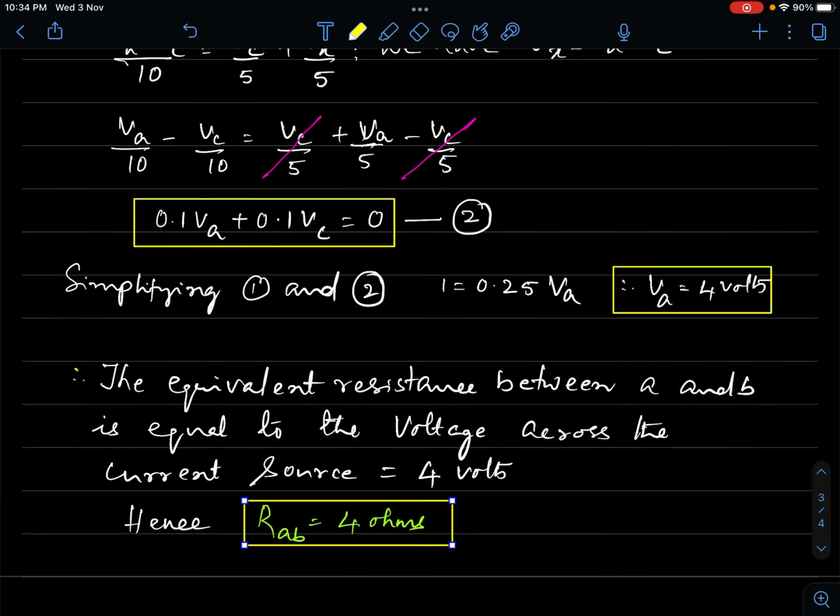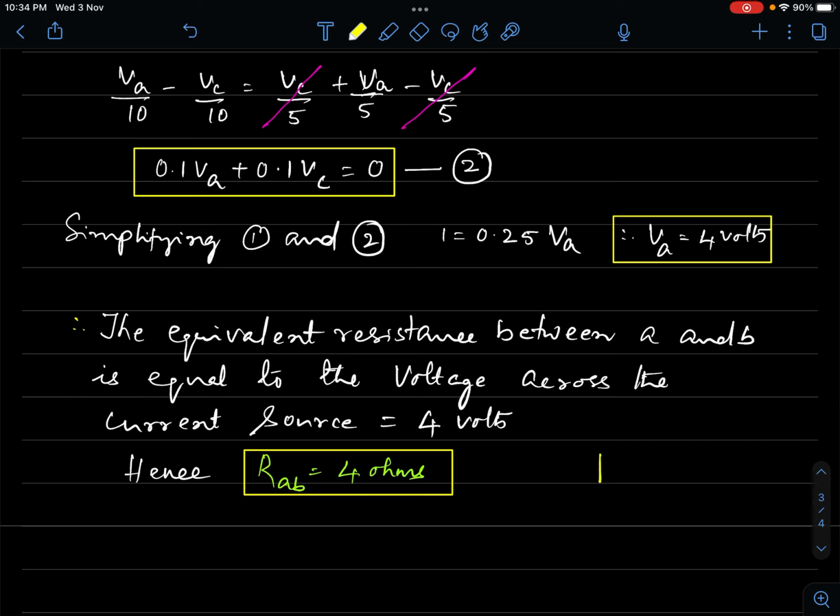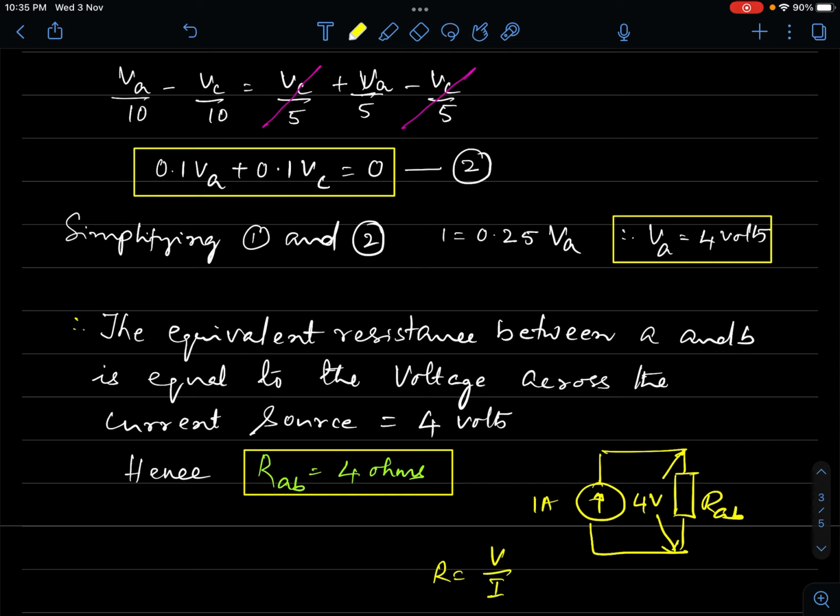As I told you, it is simply having a 1 ampere current source, and we have this resistance. This is written as RAB, and this is 4 volt, so obviously resistance equals voltage divided by current. That is 4 volt divided by 1 ampere. This is 4 ohms.